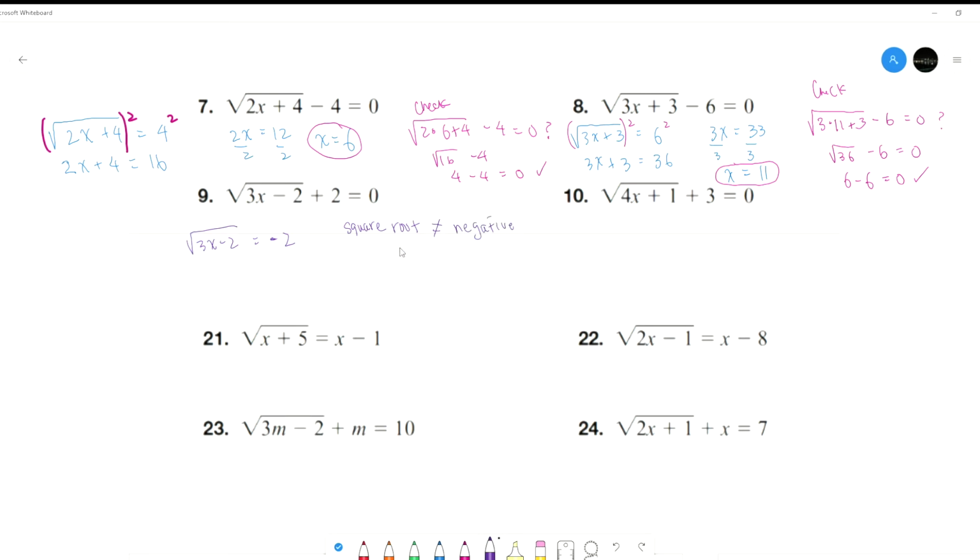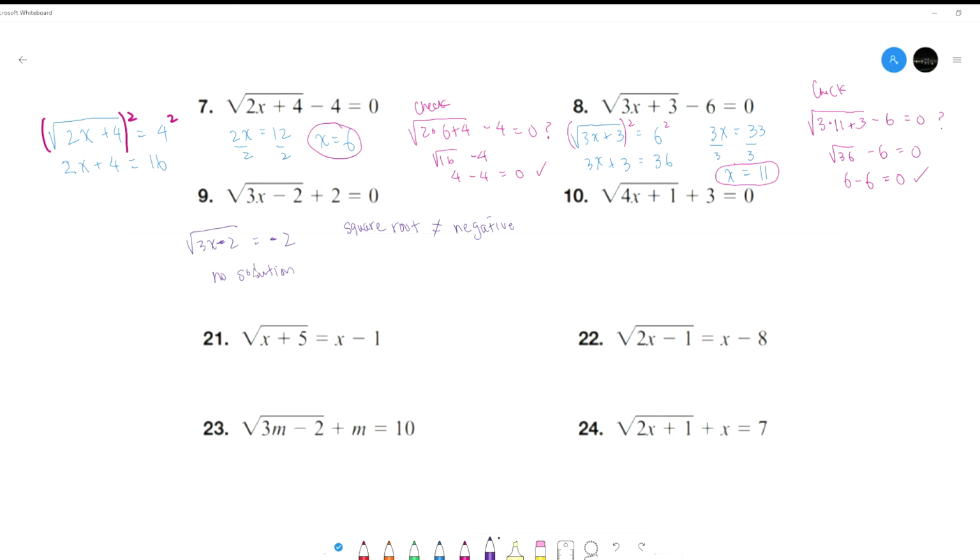It's not real. This is undefined, right? Do you remember how a number squared is always going to be positive, right? So I don't need to continue this any further. This is no solution. Okay, it'd be a waste of time actually to do this.